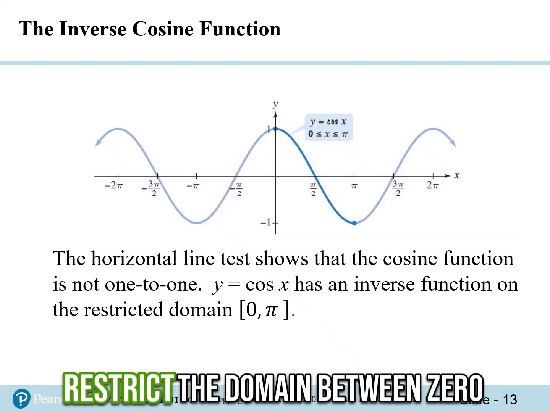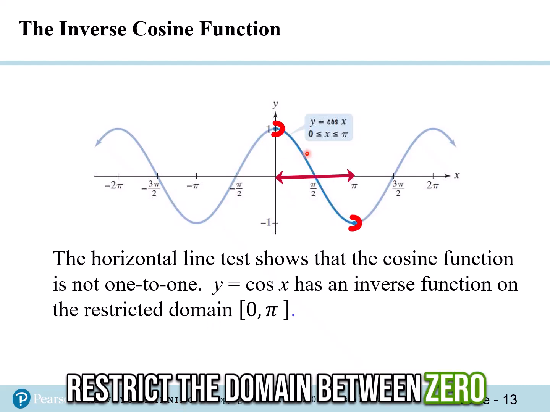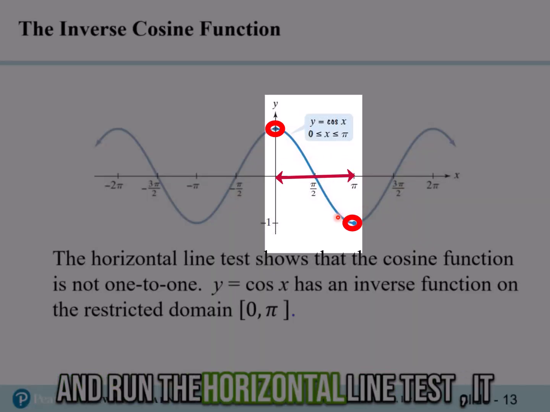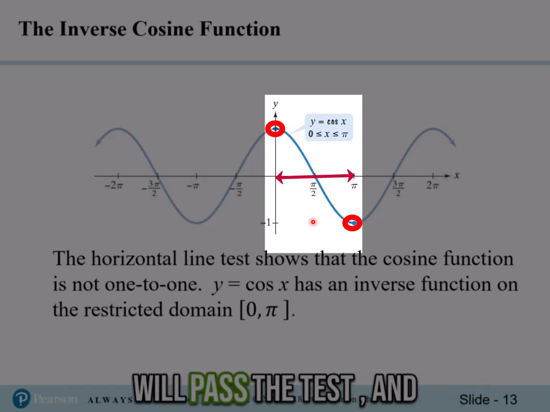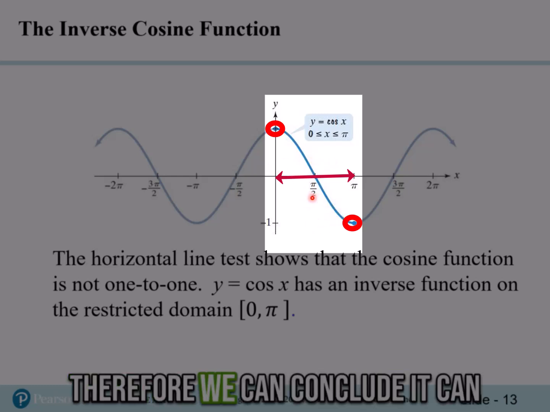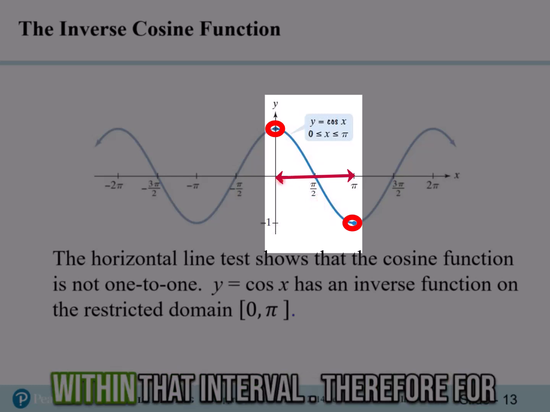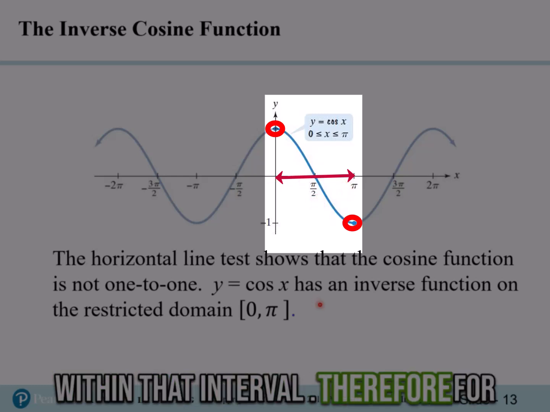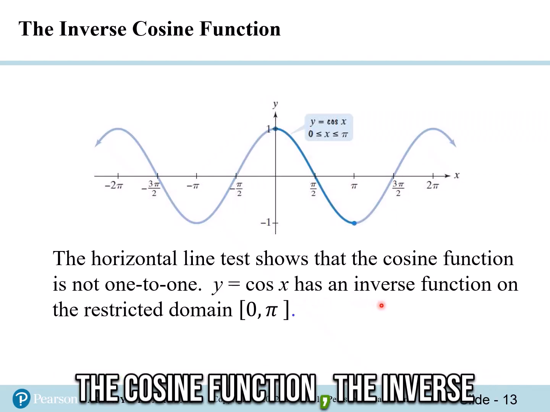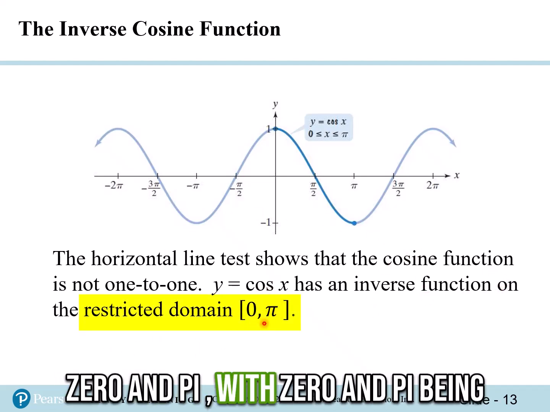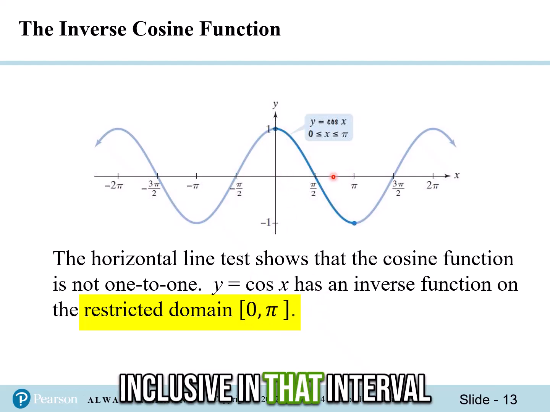However, if we restrict the domain between 0 and pi, this segment of the graph, and run the horizontal line test, it will pass the test, and therefore we can conclude it can have an inverse cosine function within that interval. Therefore, for the cosine function, the inverse function is restricted in the domain 0 and pi, with 0 and pi being inclusive in that interval.